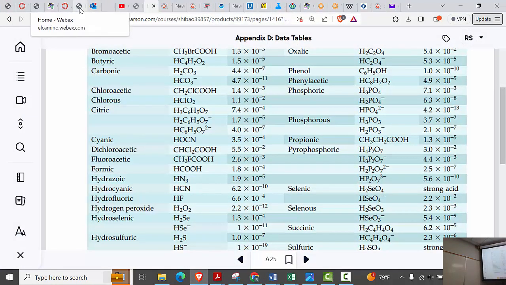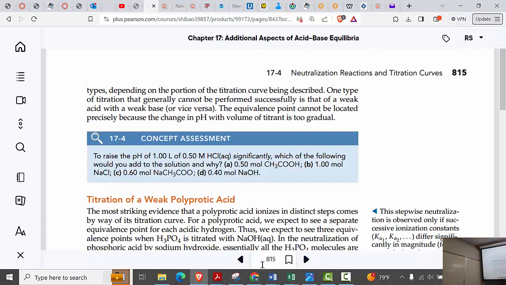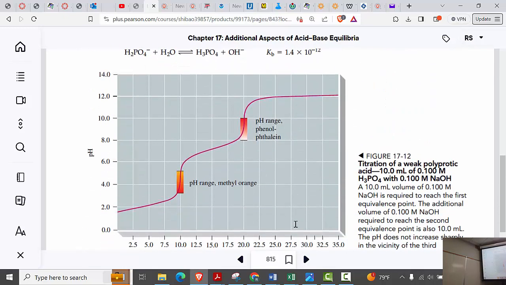You know why I'm not going to do phosphoric acid? Here, this is phosphoric acid, but what's missing?